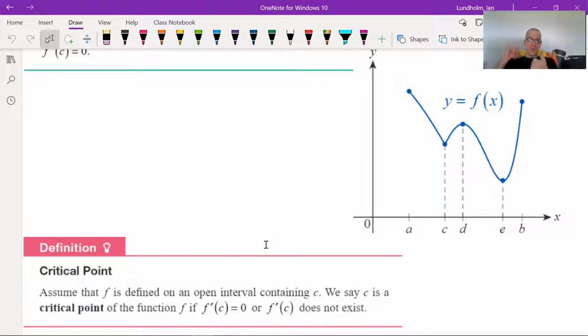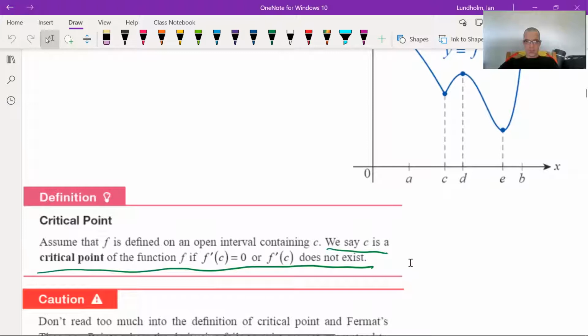We're going to look at points where the derivative equals 0 or the derivative isn't defined. That part's important. This is going to form the basis for the derivative tests that we're going to do in section 4.3, and it's what we need to look out for when we're finding extrema.